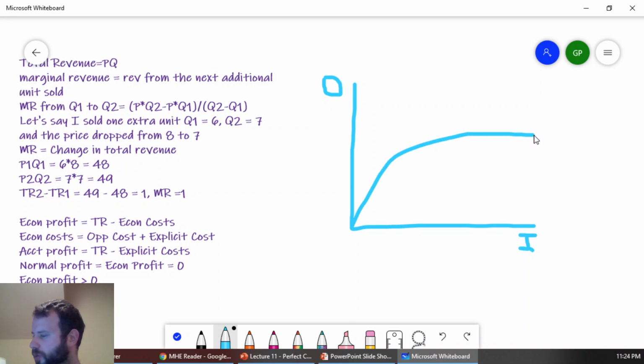Typically, I assume that your production function is going to look like this, where, if you work 80 hours, you're probably going to make more bread, but from the 79th hour to the 80th hour, you're probably going to make very little bread, and from 0 to the first hour, you're probably going to make a lot of bread.